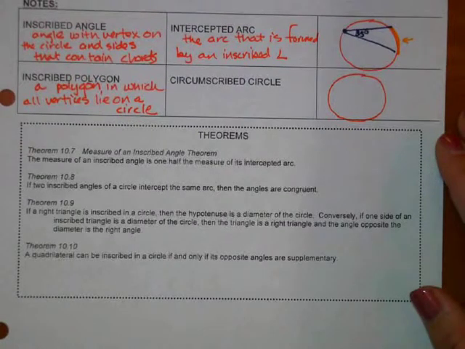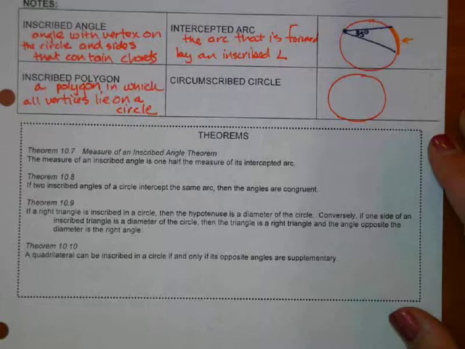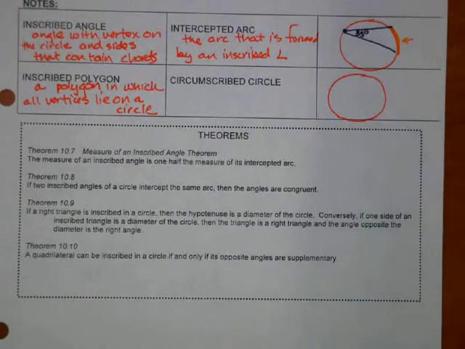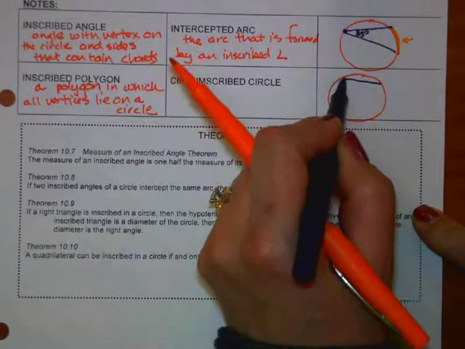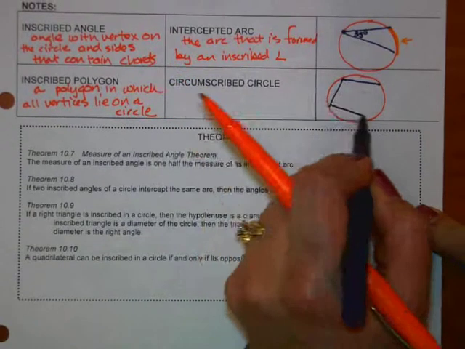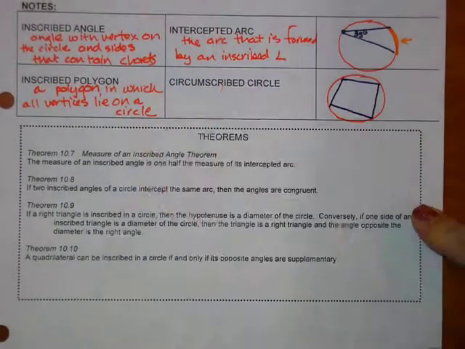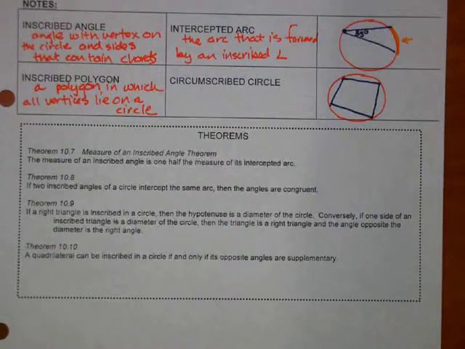Give me some polygons. What are some polygons? Triangle, quadrilateral, pentagon. Those are all polygons, right? So let's just draw a quadrilateral here. Doesn't necessarily have to be anything congruent. That's an inscribed polygon.